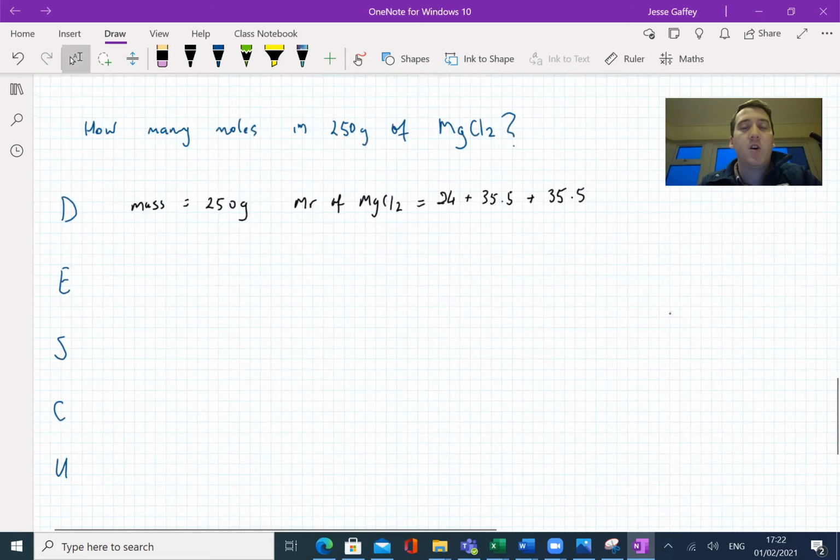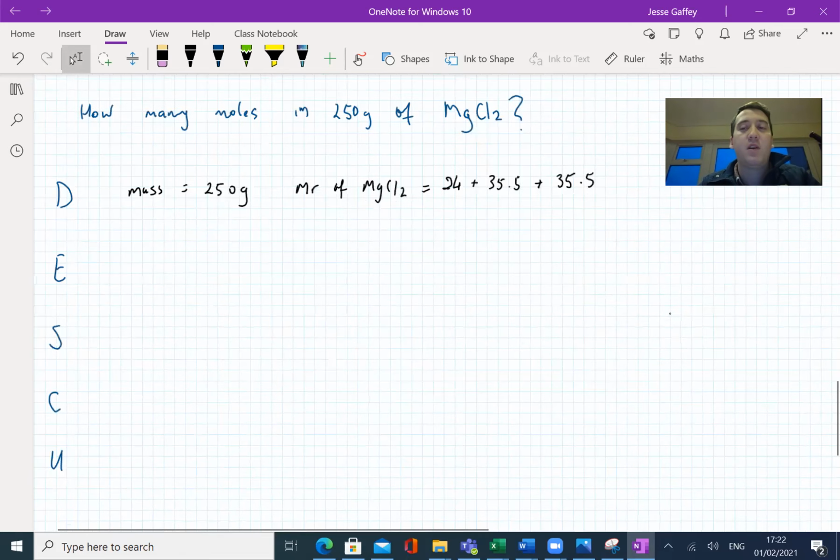Because chlorine is 35.5, we generally tend to leave it as 35.5. We don't round it up or down. So most of the other ones, if it was 35.8, we would round it to 36. But because it's 35.5, we leave it like that. So maybe I should have explained that one first.